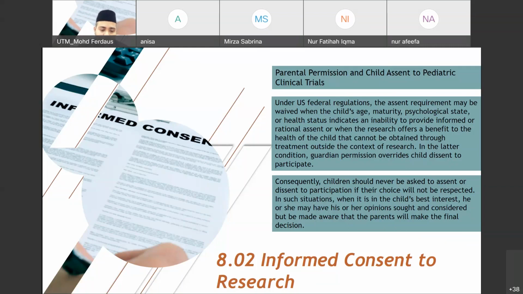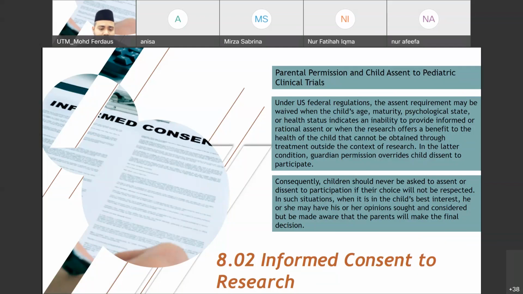Children should never be asked to assent, to agree, or to dissent, to disagree, to participate if their choice will not be respected, if their choice is not going to have an impact. In such a situation, when it is in the child's best interest, he or she may have his or her opinion sought and considered, but be made aware that the parents will make the final decision.